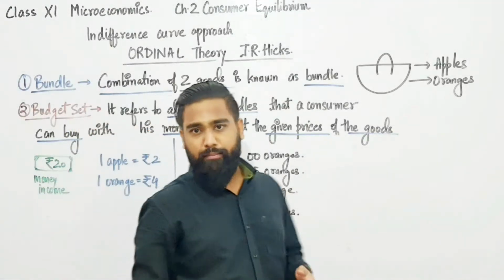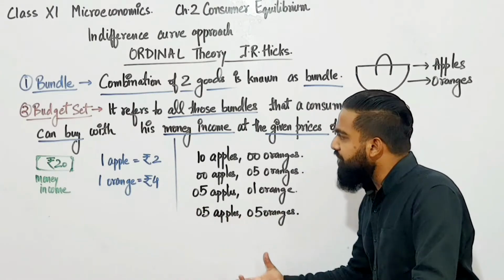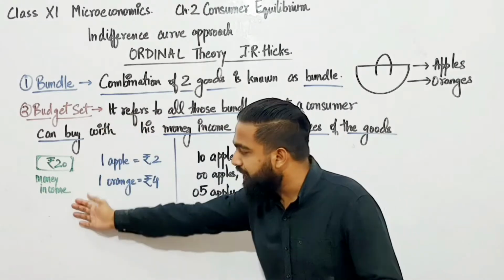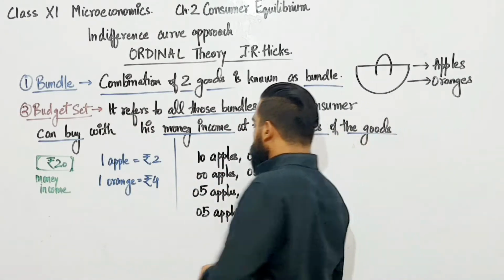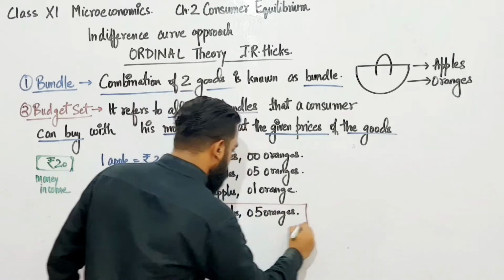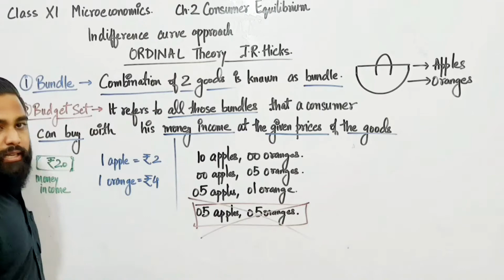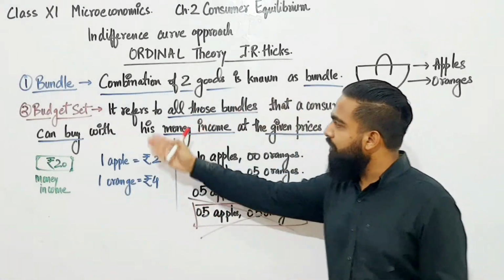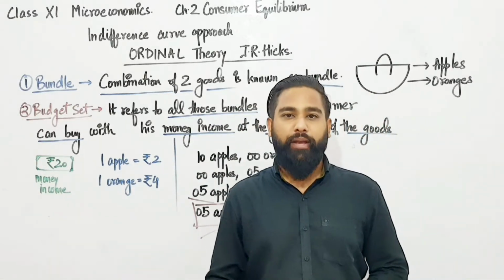I guess nobody can buy that, because this combination is out of our money income. We don't have that much money to buy 5 apples and 5 oranges. So in this case, this combination does not belong to the budget set. Now students, I hope I am very clear on the bundle and budget set. Now students, let's come to the next topic.